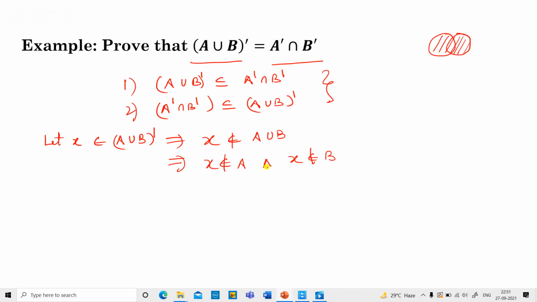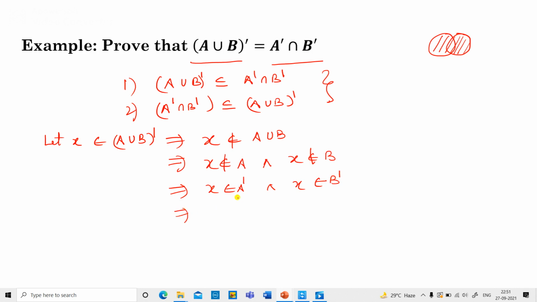Remember, here we are using AND. It means neither is X an element of A nor is X an element of B. Because if suppose X is an element of A, then obviously it will be in A union B. So if we are saying X does not belong to A union B, it means neither it is an element of A nor it is an element of B. So we can write X belongs to A' and X belongs to B'.